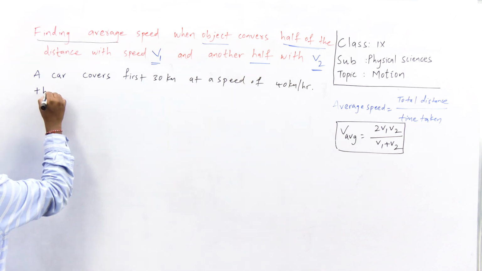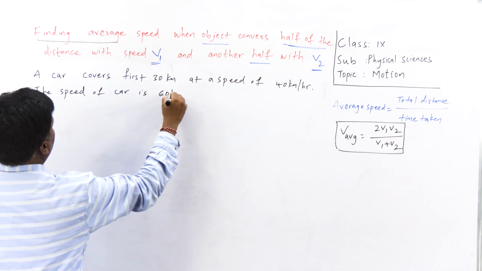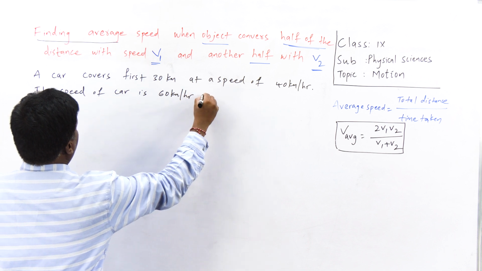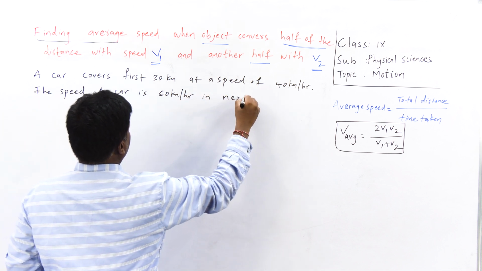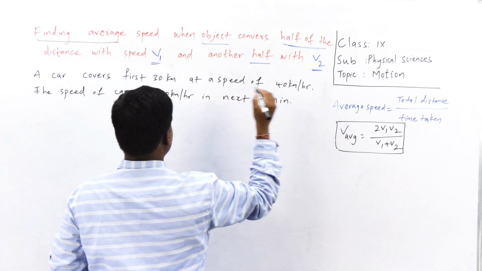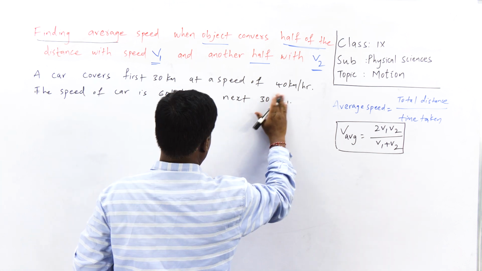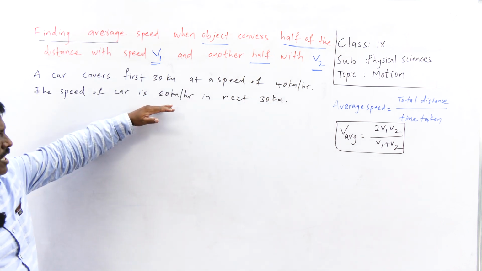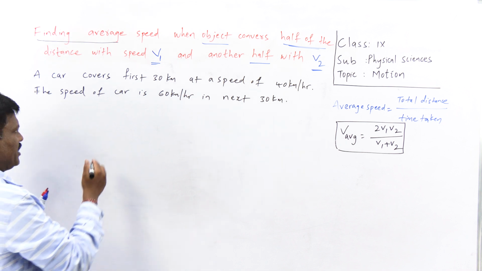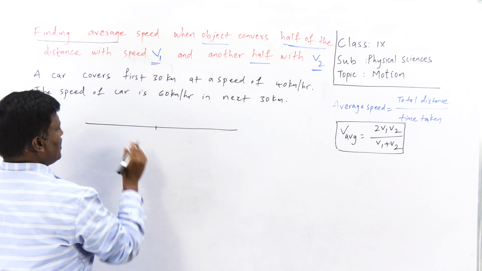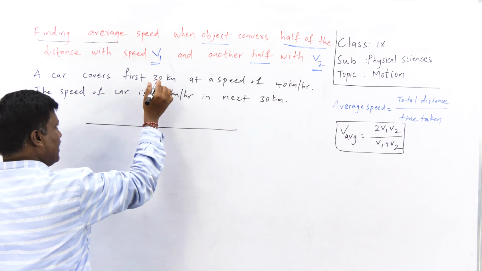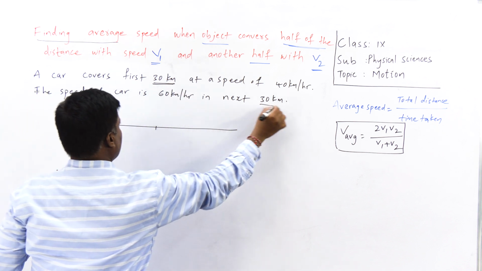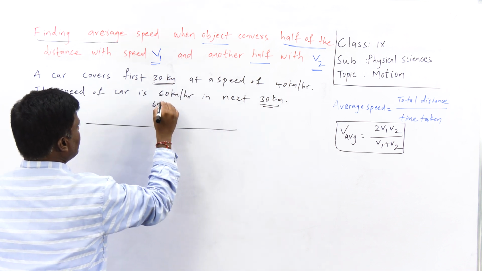The speed of the car is 60 kilometers per hour for the next 30 kilometers. I will explain this problem. Let's say the car is moving. What is the total distance traveled by the car? Here 30 kilometers, here 30 kilometers. The total distance traveled by the car is equal to how much?